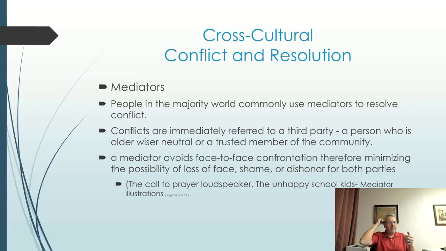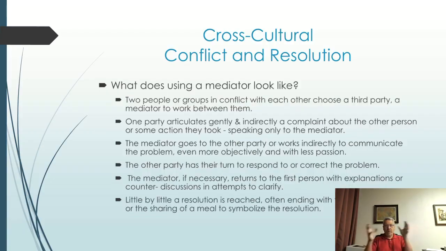Just very simply, when you're dealing with a conflict, the two people or groups are in conflict. They choose a third party, a mediator, to work between them. Sometimes that is done with both parties knowing about it and agreeing to it. Sometimes, more like these stories that I told and the experience that I had, the offended member finds someone who is a person of influence that they can tell.